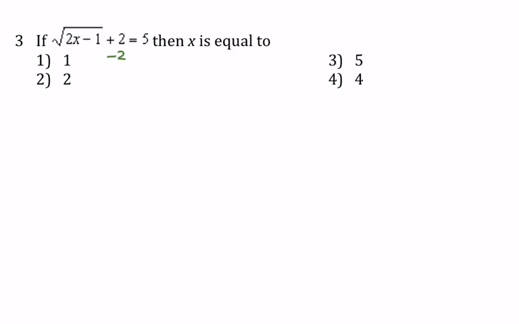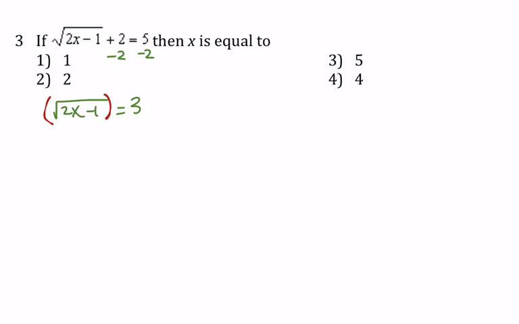In the case of number 3, what we have to do first is get rid of the 2 by subtracting 2 from both sides. What this does is isolate the radical by itself. So we have square root of 2x minus 1 is equal to 3.